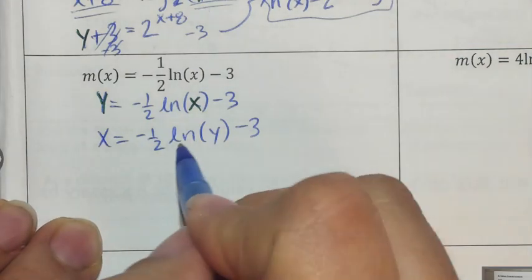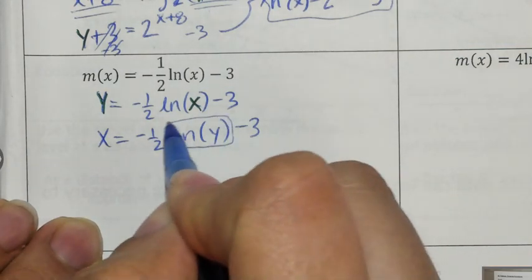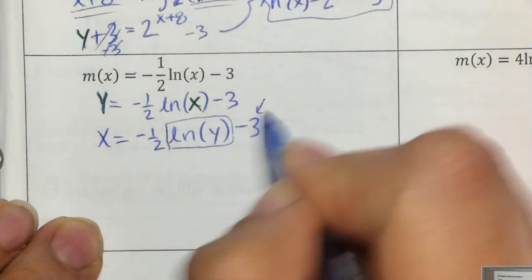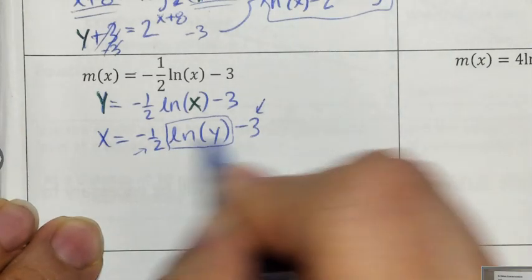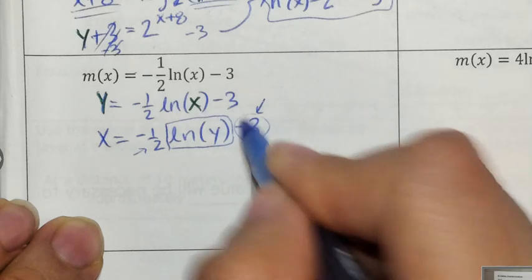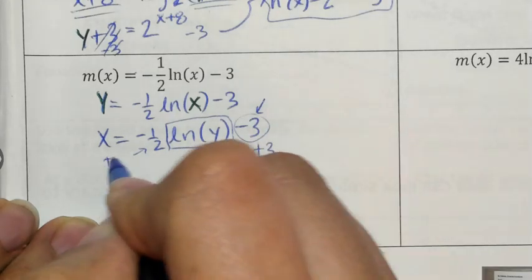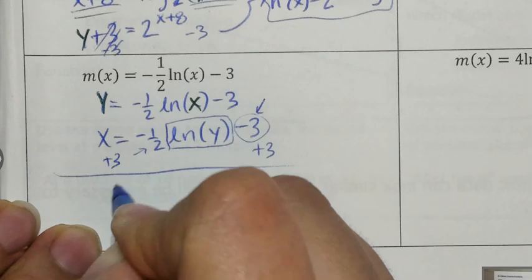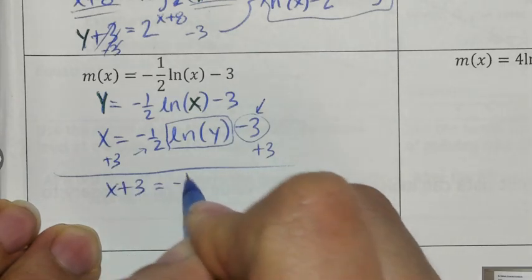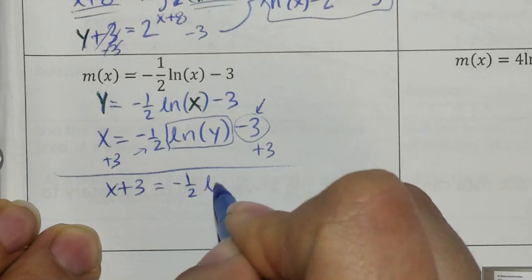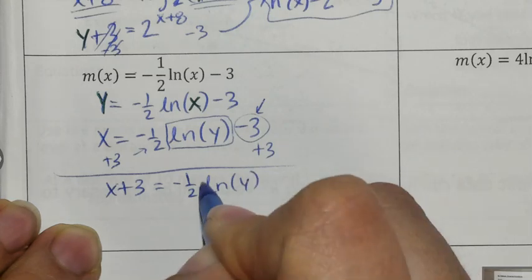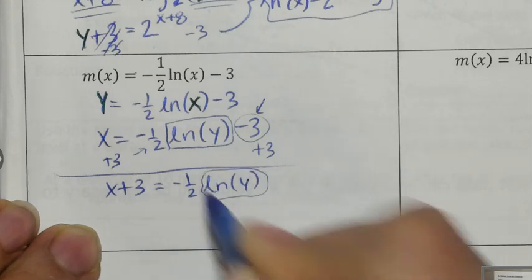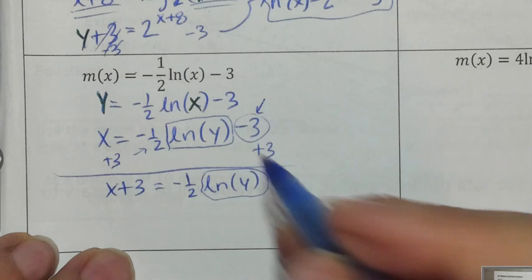Then we need to isolate this. So we need to get rid of these two right here, and backwards, we're going to get rid of this one first. So plus 3. So we are going to have x plus 3 equals negative 1/2 ln y. And then to get this by itself, we are going to get rid of negative 1/2.